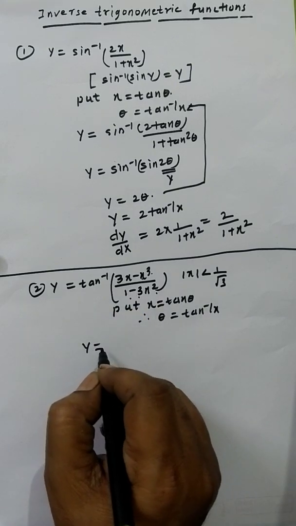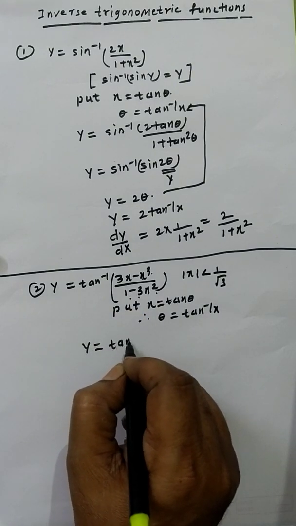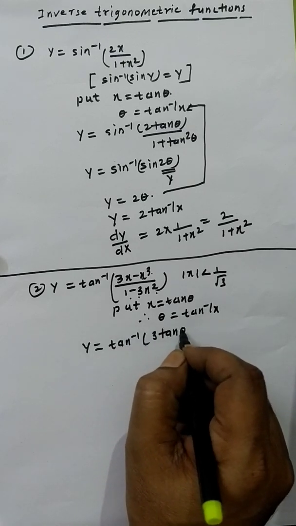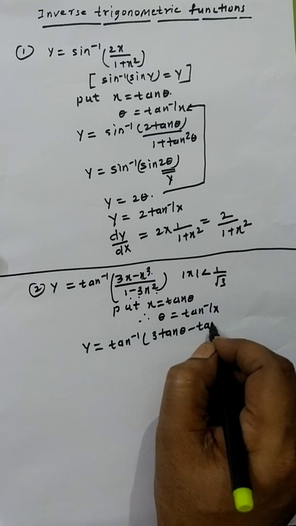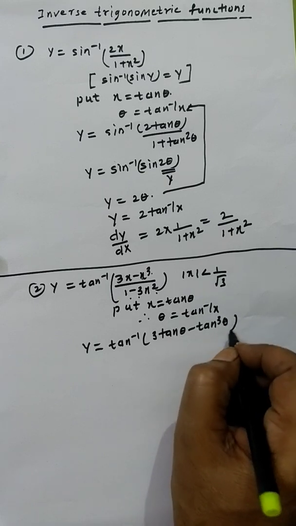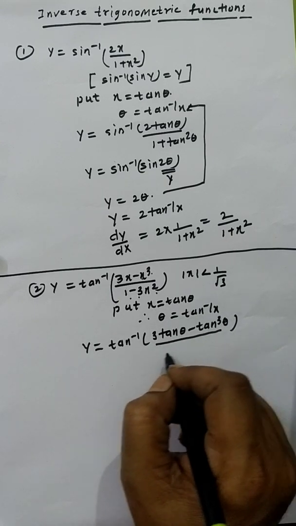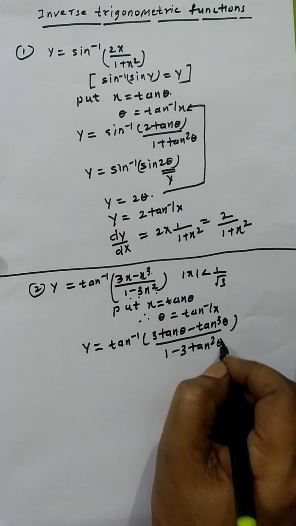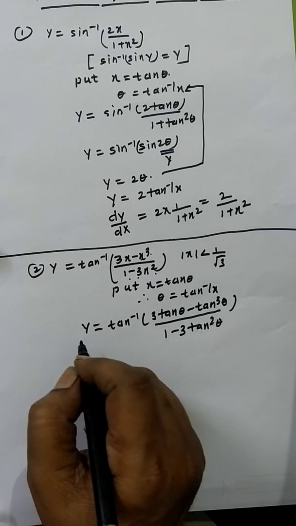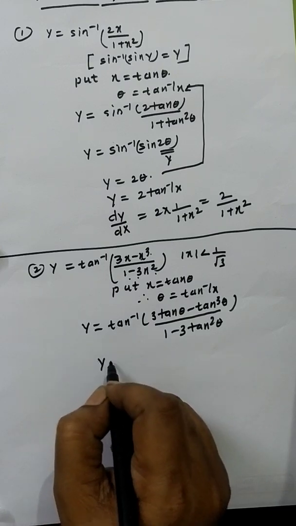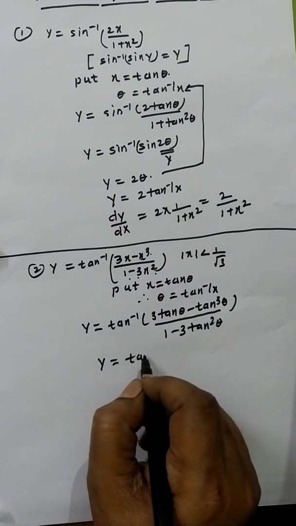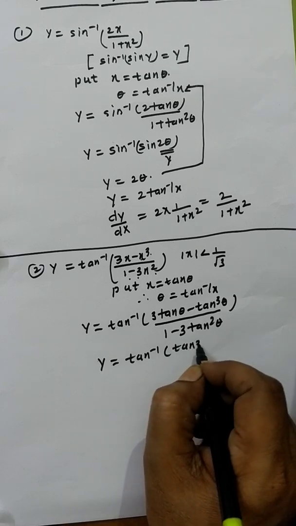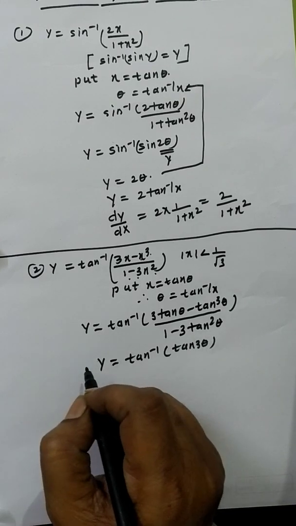So y equals tan inverse of 3 tan theta minus tan cube theta divided by 1 minus 3 times tan square theta. Now what is 3 tan theta minus tan cube theta divided by 1 minus 3 tan square theta? It is tan 3 theta, so y equals tan inverse of tan 3 theta.